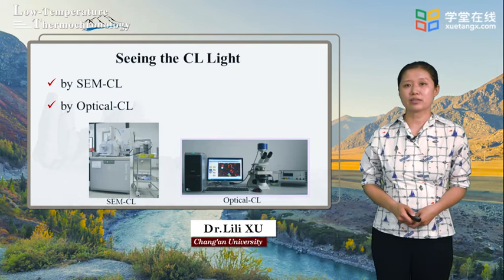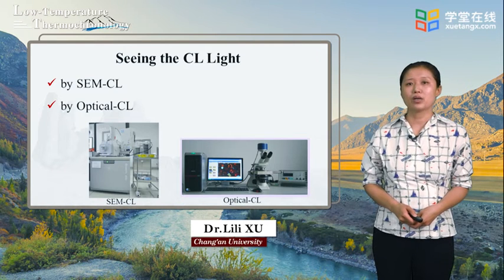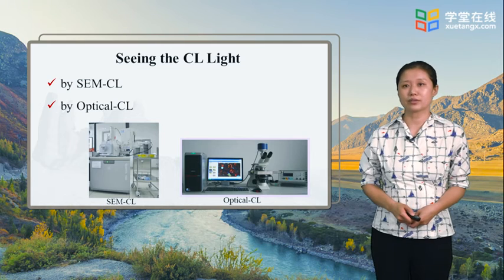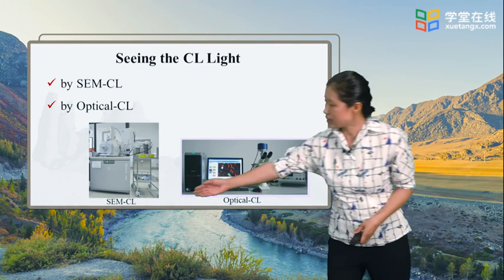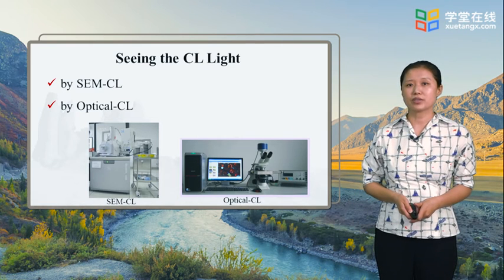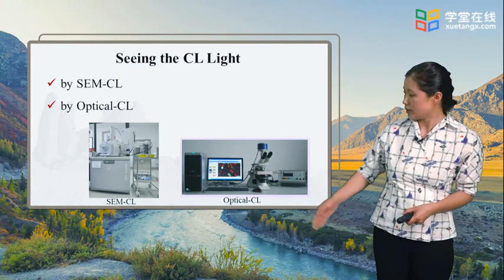One is by a scanning electron microscope or microprobe equipped with a CL detector, which we call SEM-CL, like this. And the other is by a small attachment to a petrographic microscope, which we call optical CL, like this.